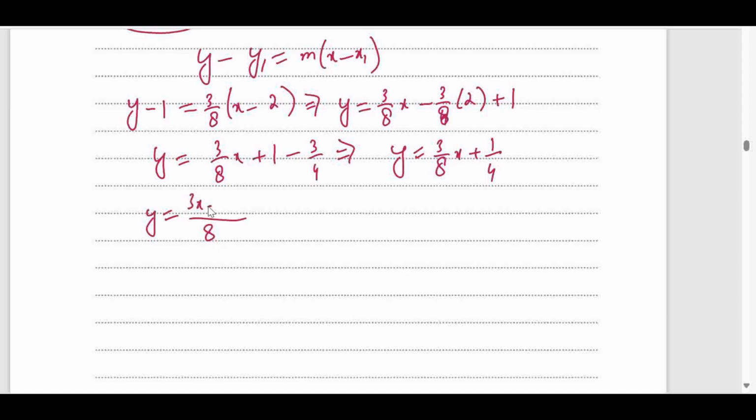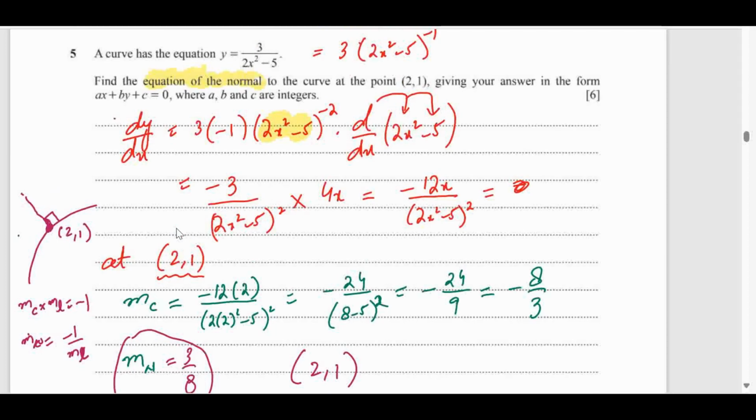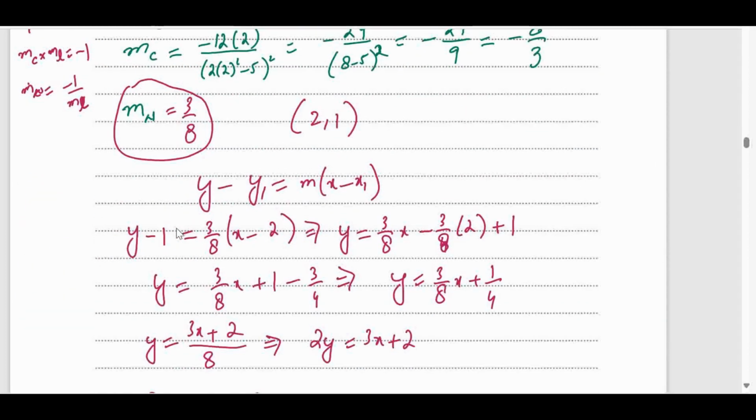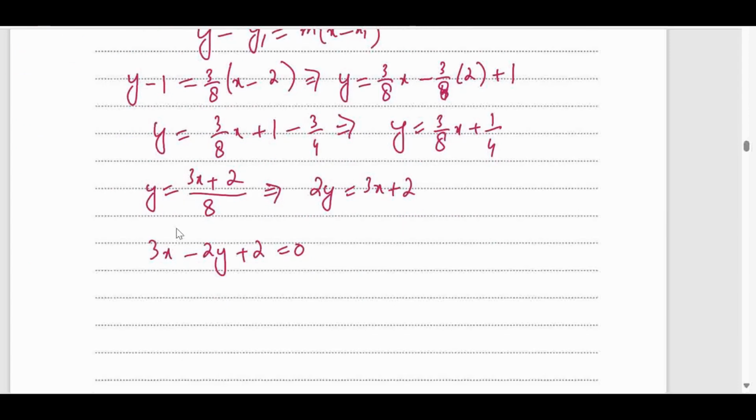So 8y = 3x + 2... and then finally 3x − 8y + 2 = 0. Now if we compare it, a will be equal to 3, b will be equal to −8, and c will be equal to +2. So this will be the final answer.